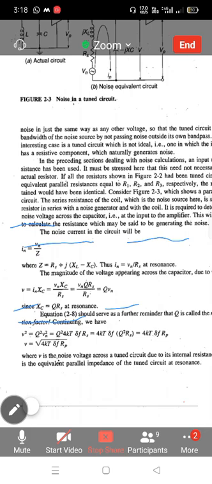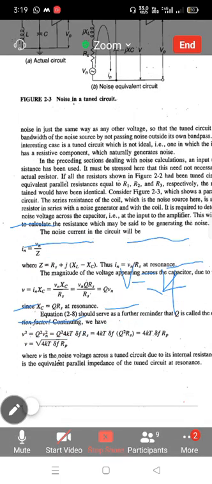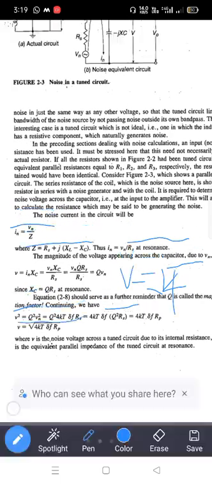So the value of noise voltage is nothing but the square root of 4 kT del F R. That formula you revise. The same formula is put here. See, 4 kT del F RS Q square.